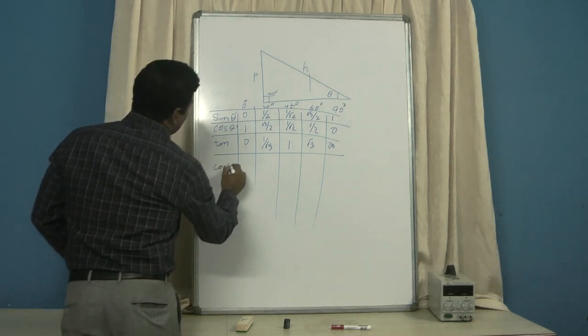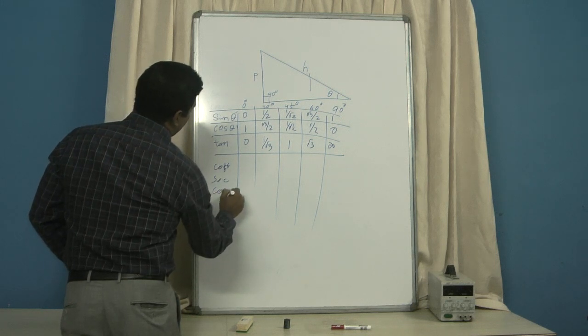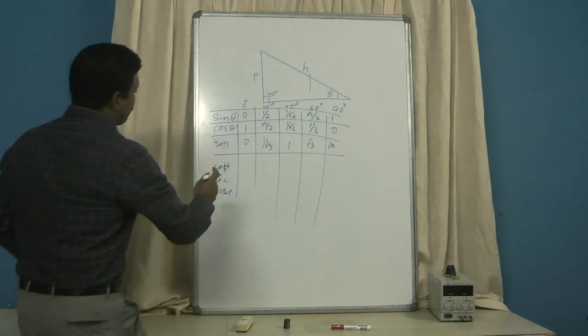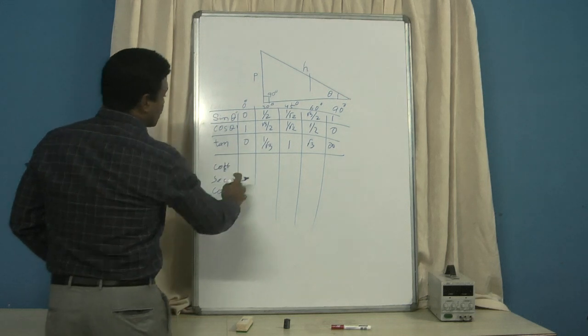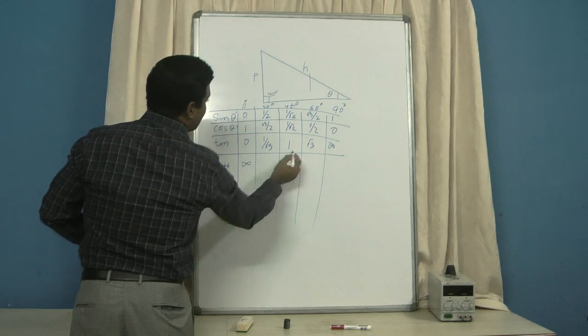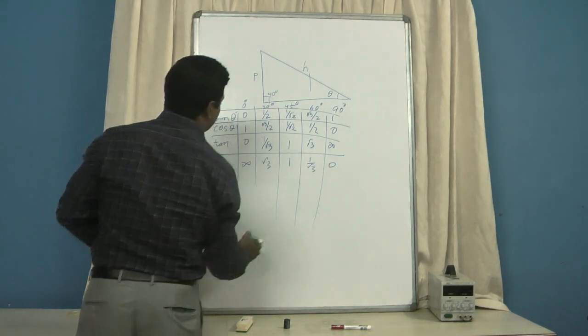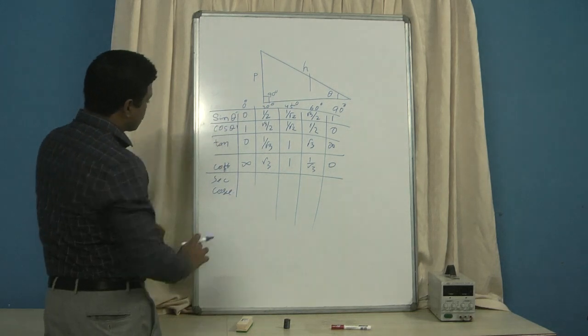And the reciprocals are like that: cot, sec, cosec, those values you can remember. Tan and cot are also reciprocals, like a seesaw. This 0 will be infinity, then root 3, 1 by root 3 and 0. Sec will be the reciprocal of cos.